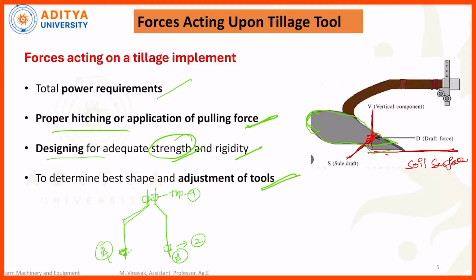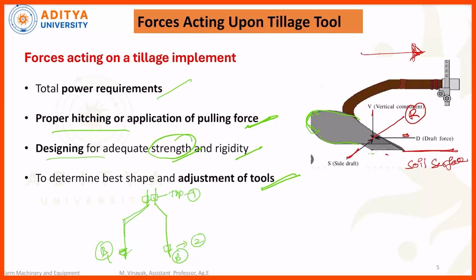This is the forward direction of the implement, the direction in which the vehicle should move. During the movement of the tractor, some draft force will act in the opposite direction like this. This is the point of contact where the resultant force acts. This is called R, where all the forces act on this point.